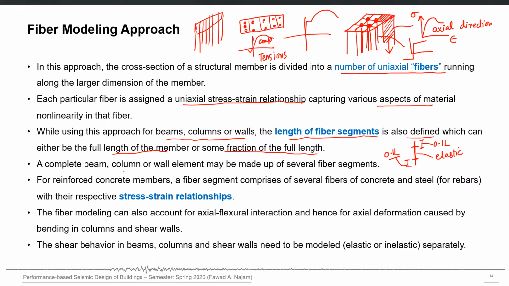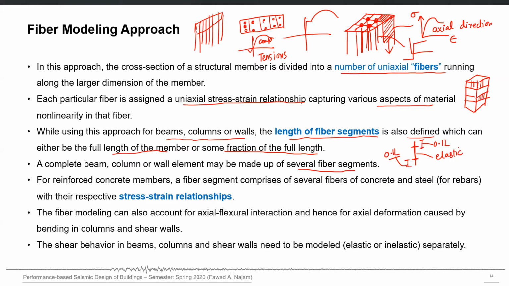So a complete beam, column, or wall element may be made up of several fiber segments. As I've said, you divide the cross section. So what you can do is also have it like this: this is my column, and fibers should run maybe up to this length from the top. Then you have an elastic element. Then maybe you can have another fiber segment in between also, like this.